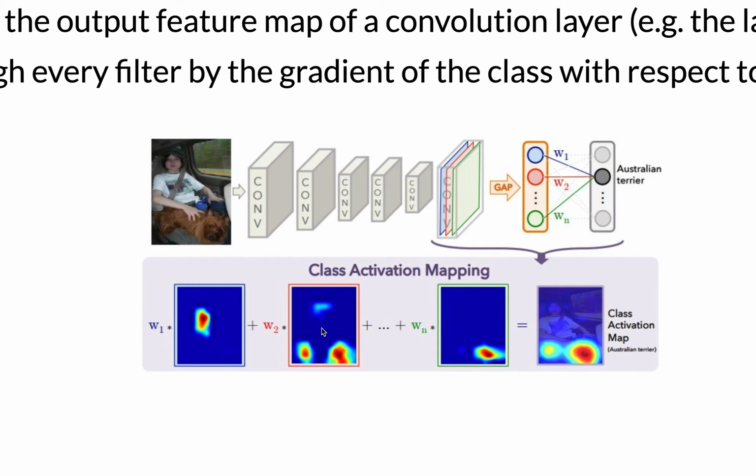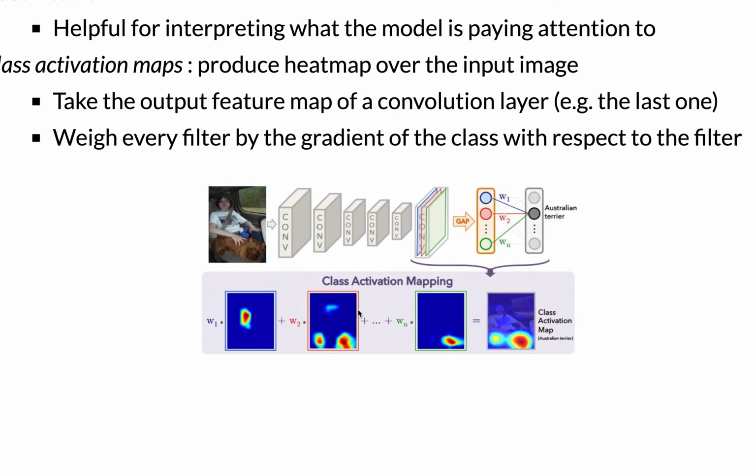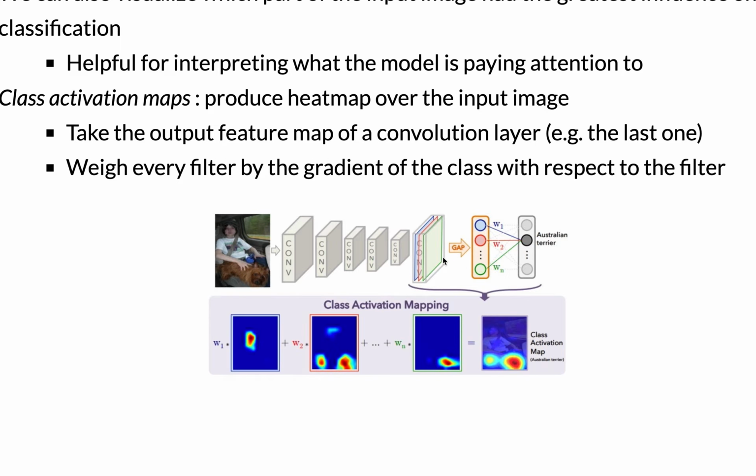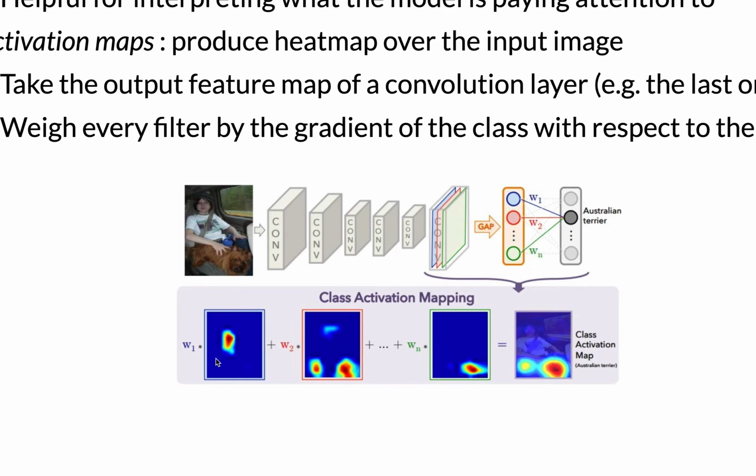So the idea is that we learn a weight for every filter according to whether or not that filter corresponds strongly towards seeing a dog. And we can do that by computing the gradient of the output versus the output of the image. And when we've learned these weights, we can sum them up and then end up with what we call a class activation map.